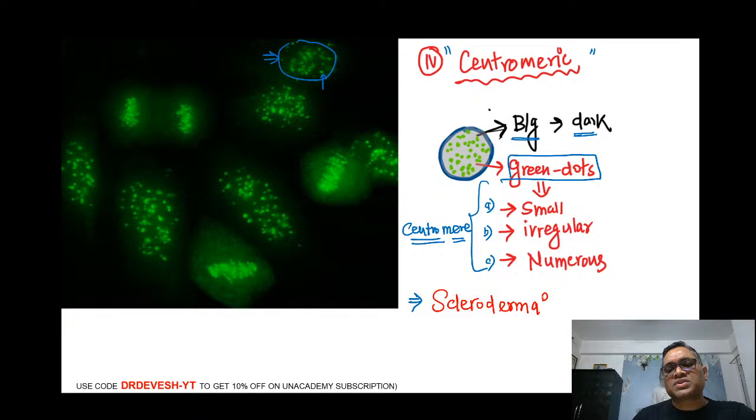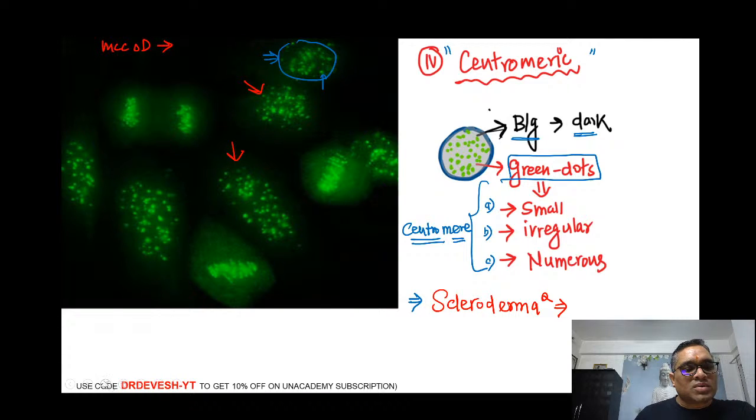This diagram was given in the All India exam 2016. It's scleroderma. They had given this picture and asked what will be the most common cause of death in this patient, who was having this kind of immunofluorescence staining of the antibody. What is the most common cause of death in a scleroderma patient?